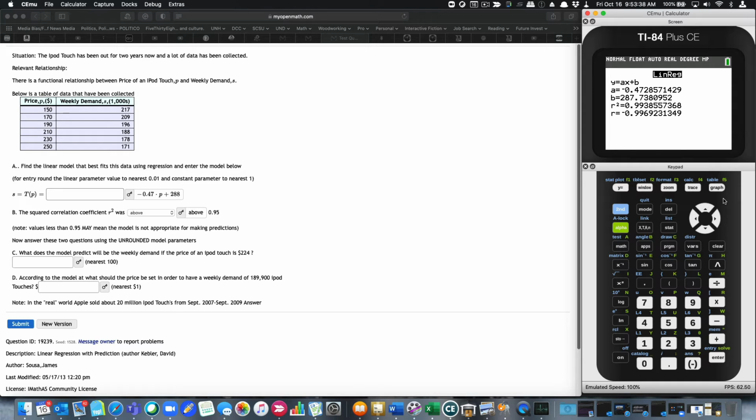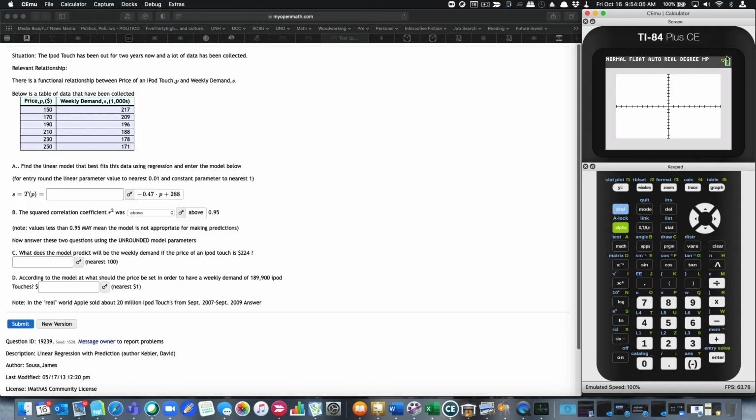If I hit VARS and go to statistics, this is where my function is stored, under equations, regression equation. If I click that, notice how it dumps all of those digits into my y1. If I hit enter and then graph, it will graph y1.